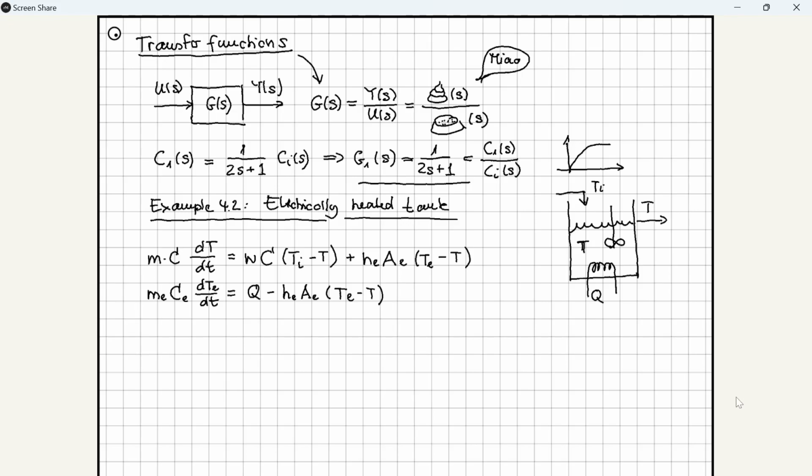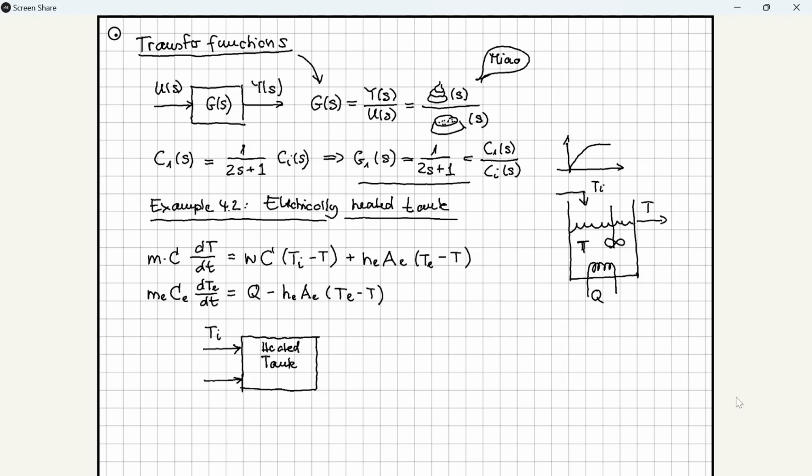Now we would like to think about transfer functions, and for this we can draw our block diagram of our heated tank. What are the input variables? Well, the input variables are the temperature of the flow into the tank, so we can change that.